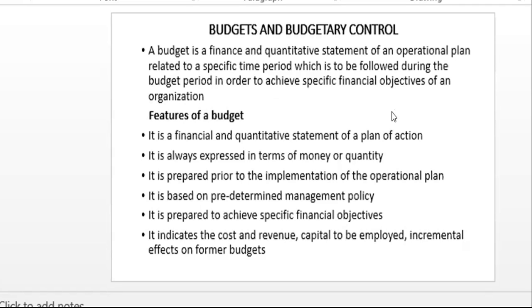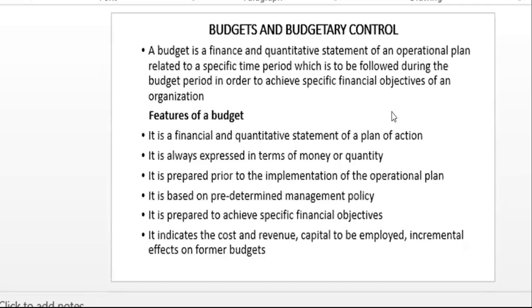So you can have the quantitative. For example, if you want to produce a number of units in a given period of time, you'll give the units expected to be produced, and then the amount expected to be spent for production of those units. That's why we are talking of financial and quantitative.